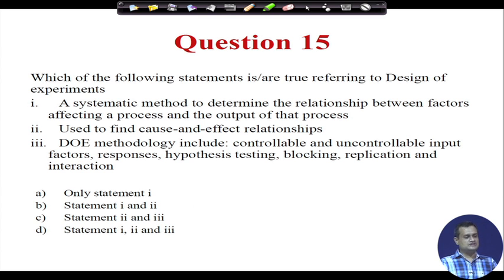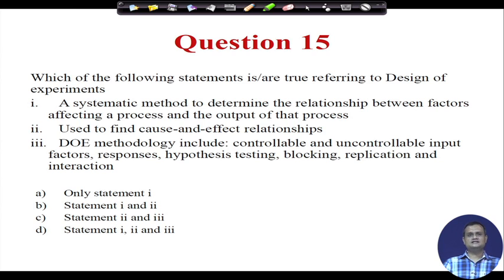Question 15 and last question: which of the following statements is or are true referring to design of experiment? 1, a systematic method to determine the relationship between factors affecting a process and the output of that process. 2, used to find cause and effect relationships. 3, DOE methodology include controllable and uncontrollable input factors, responses, hypothesis testing, blocking, replication and interaction.